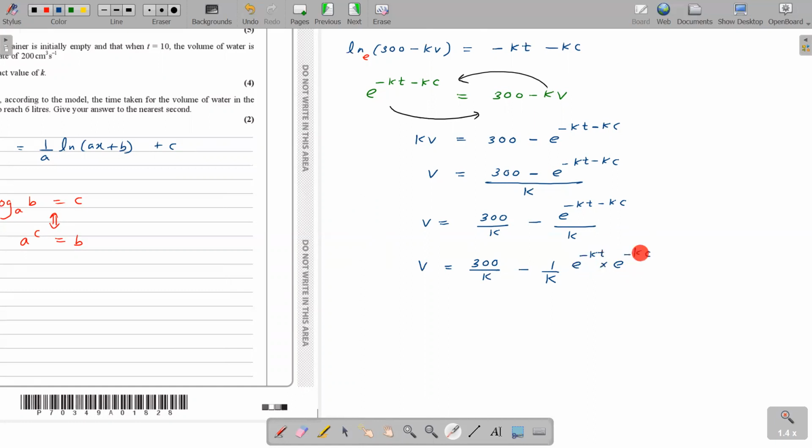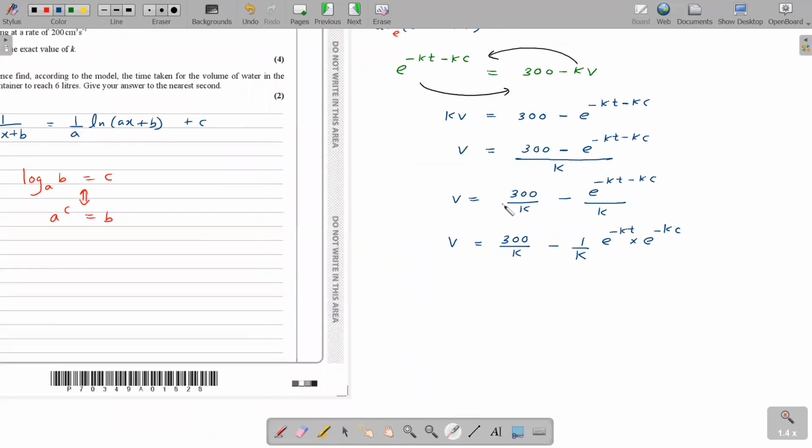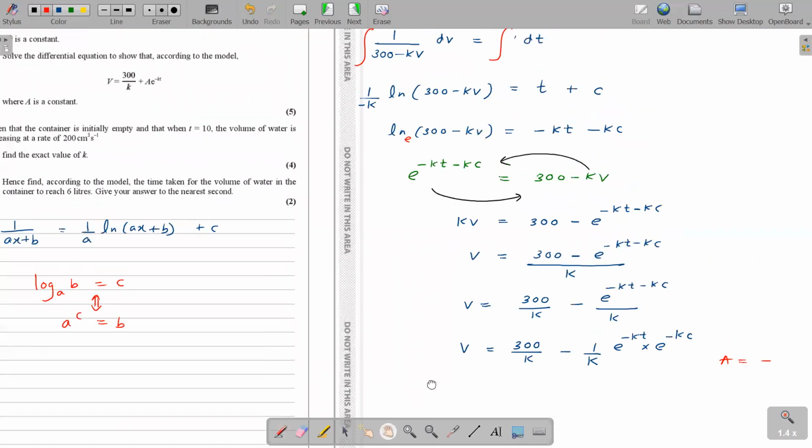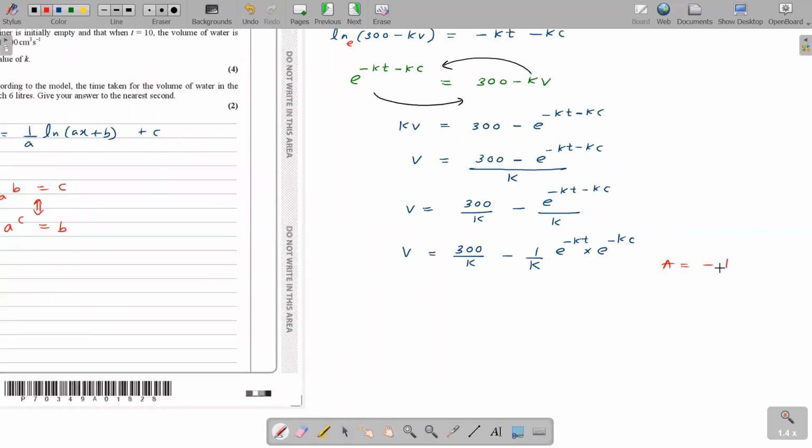Basically, when you multiply, the powers are added, and you get the same answer back. So a is going to be minus 1 over k e to the power minus kc. Do you see? That entire part becomes a constant, because minus 1 over k is a constant, and e to the power minus kc is also a constant, because k is a constant and c is a constant.